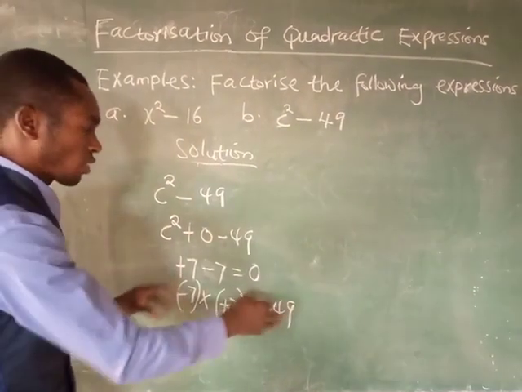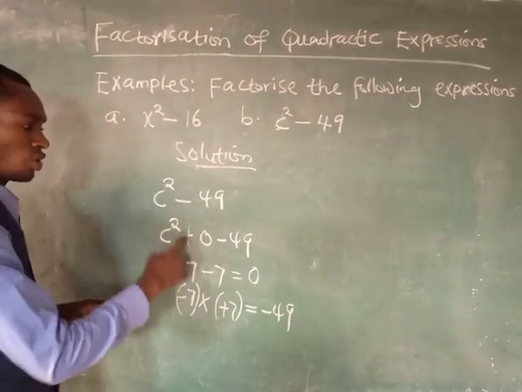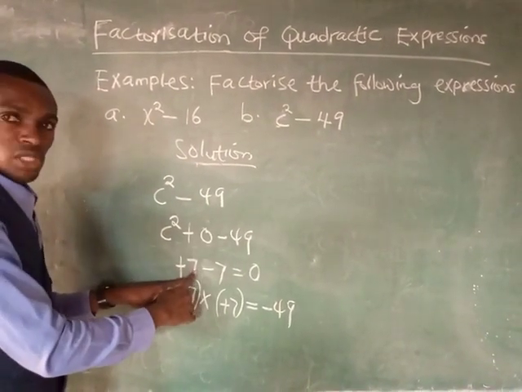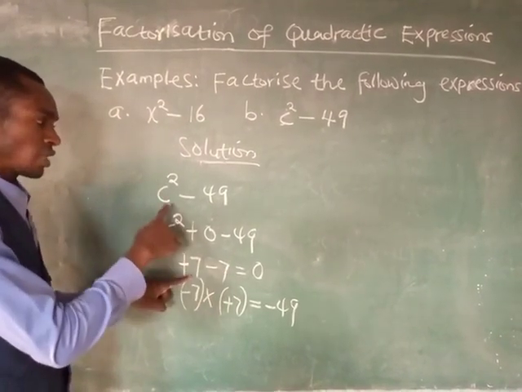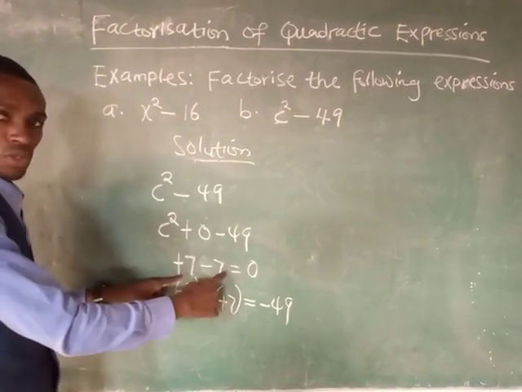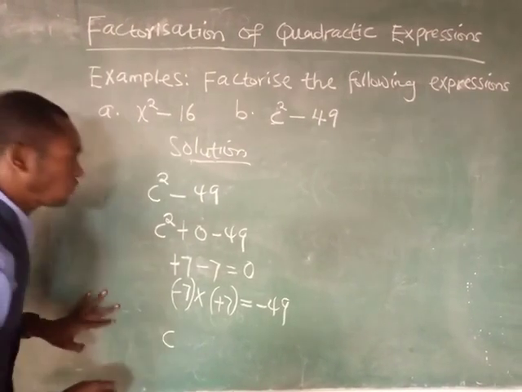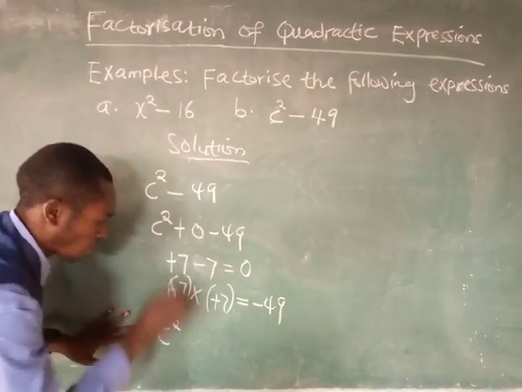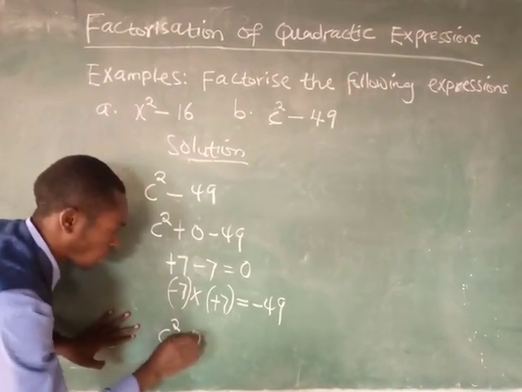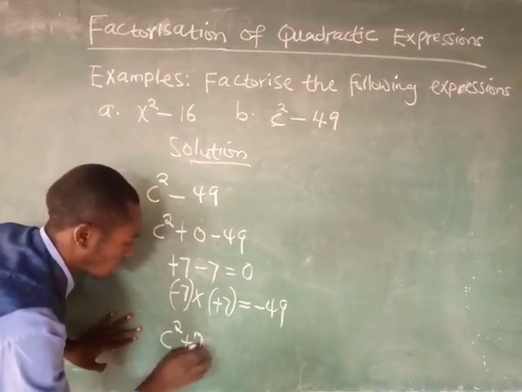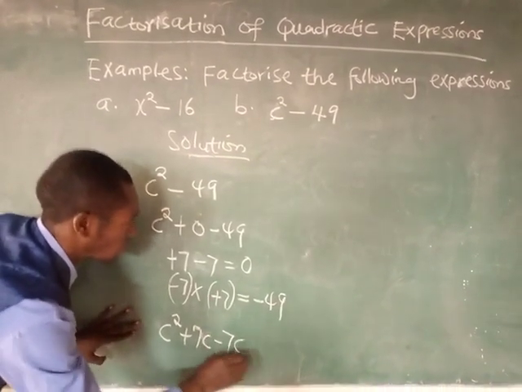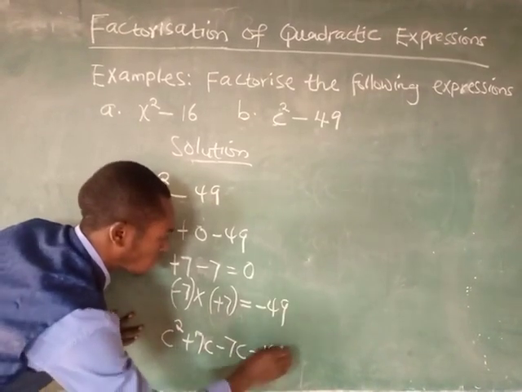Now, after I've gotten this, replace this 0 with plus 7 and minus 7, and don't forget, attach your c to each of these numbers. So we have c squared plus 7c minus 7c, then minus 49.